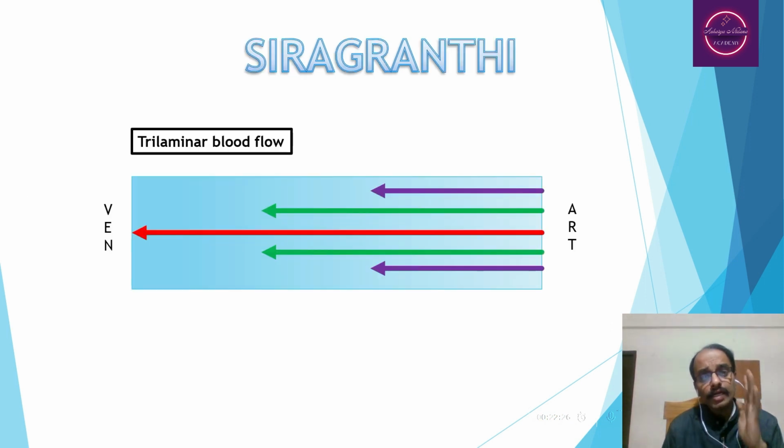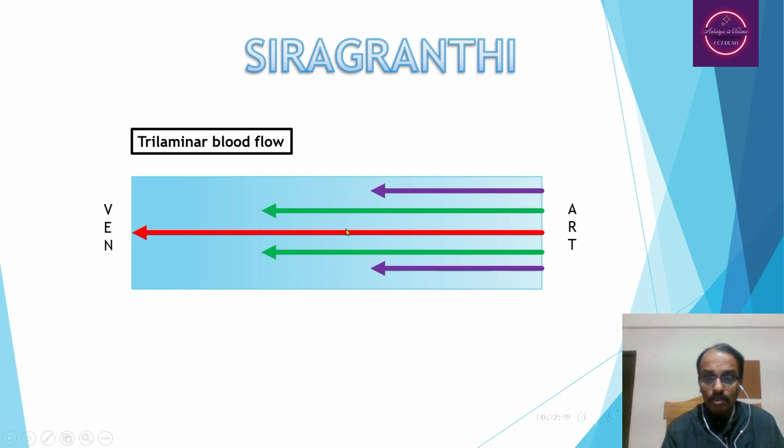Okay. And regarding Siragranthi, the word meaning of Siragranthi is that there will be an obstruction at the vessel. So let us assume a blood vessel there. This is considered to be the normal movement of the blood in the capillaries or in the blood vessels.